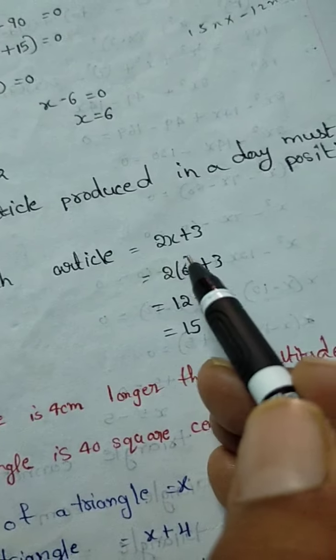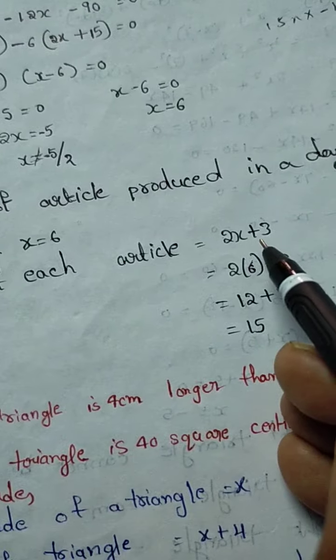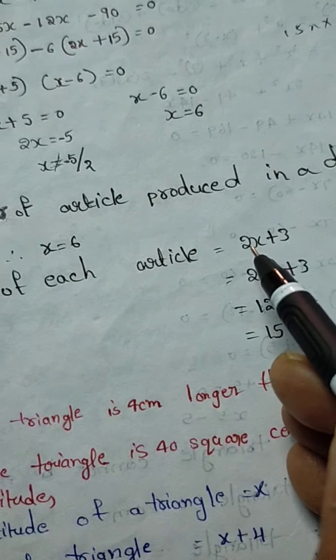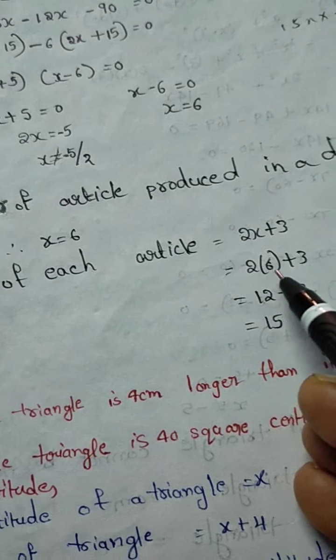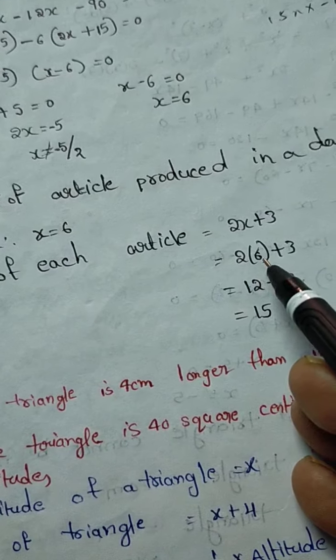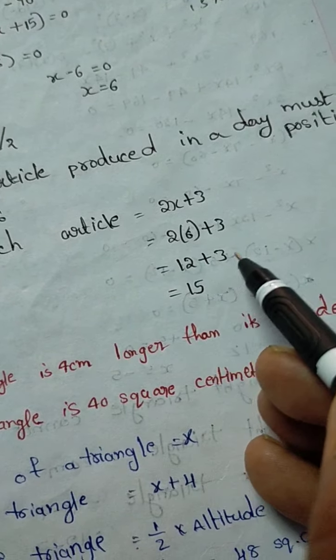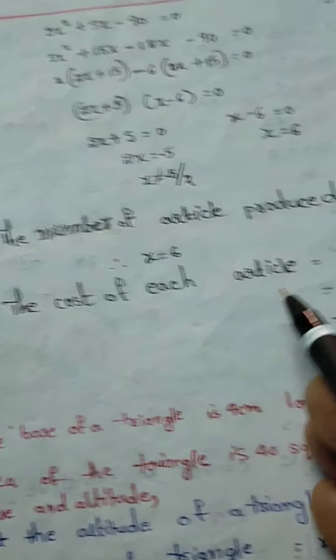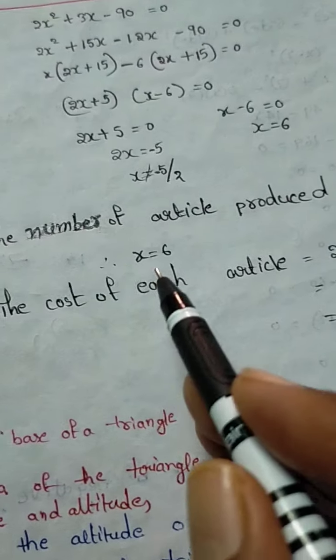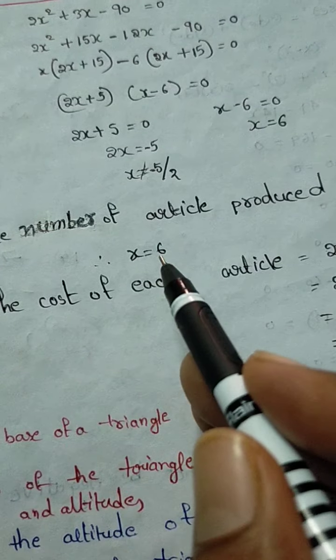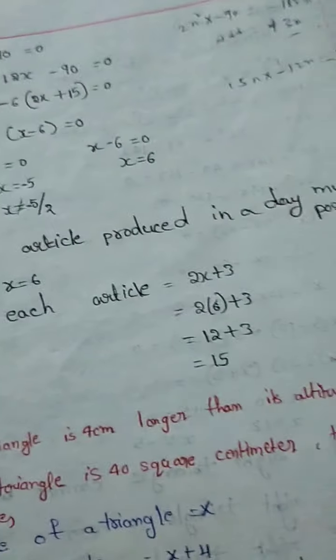The cost of each article is 3 more than twice the number of articles: 2x plus 3, 2 into 6 plus 3, 12 plus 3, 15. The cost of each article is 15 rupees, and the number of articles is 6.